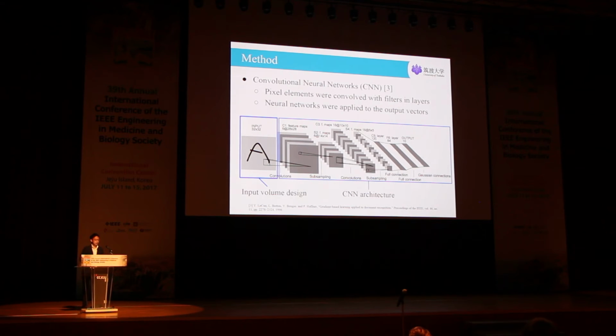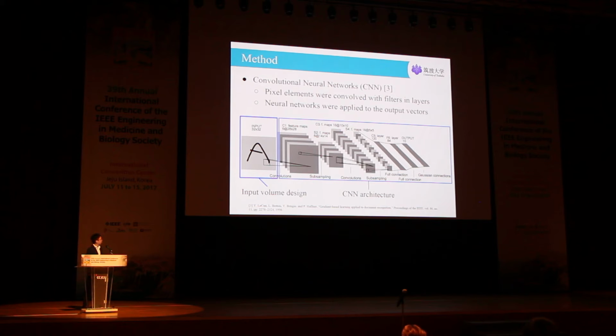So this is our method for this project. We apply the CNN, which stands for Convolutional Neural Networks, for the ERP classifications in the BCI study. The CNN is often used in image recognition tasks or computer vision tasks.